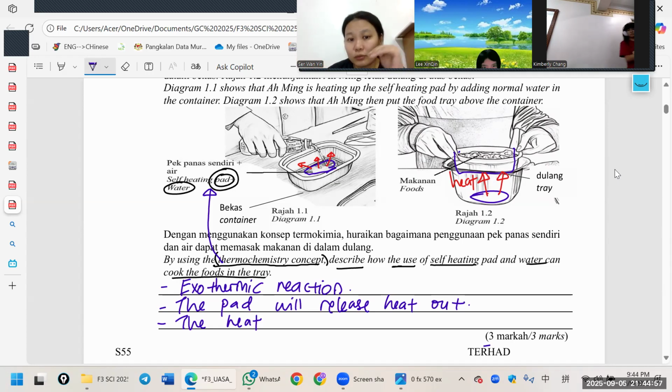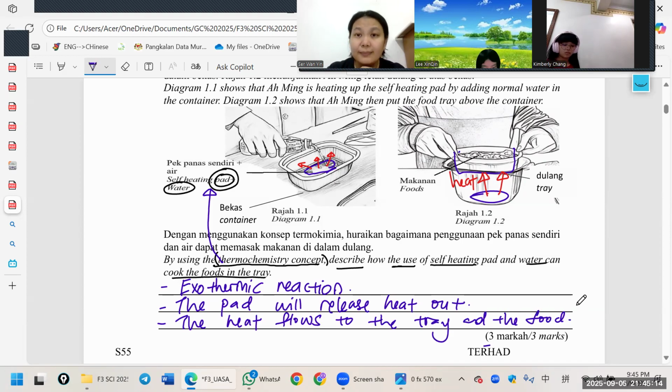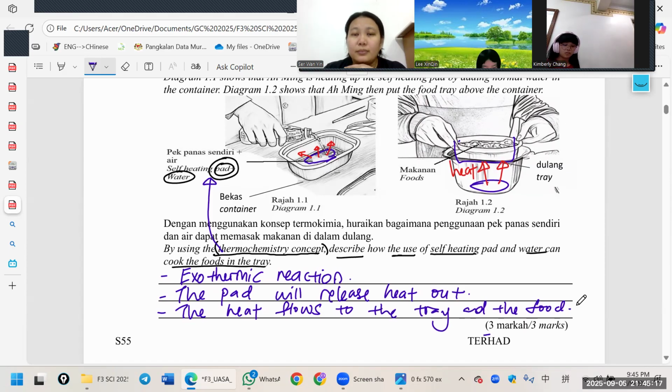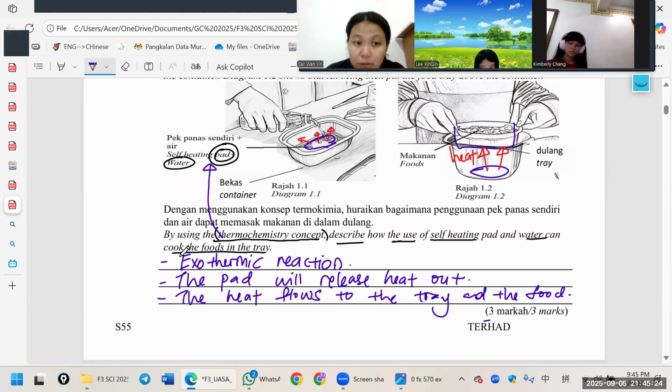How the heat moves, forgot? Yes, the heat flows to the tray and the food. Okay? So you need to tell exothermic reaction, the pad releases the heat out.